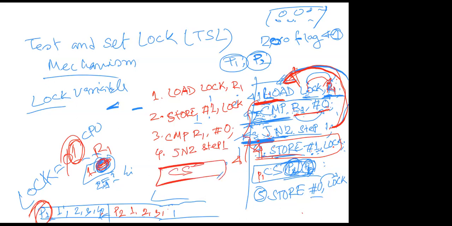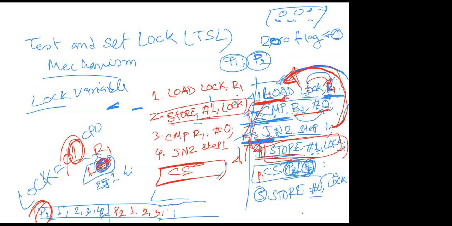Okay, critical section. It just rearranges this: store the lock value after loading the lock value into register R1. The second line makes this lock value 1.